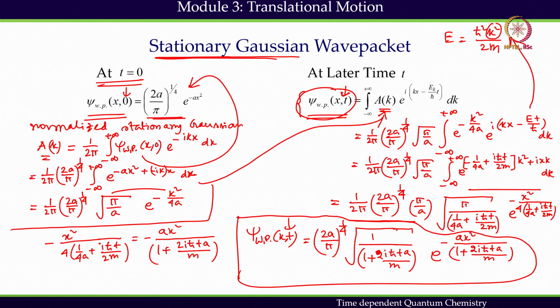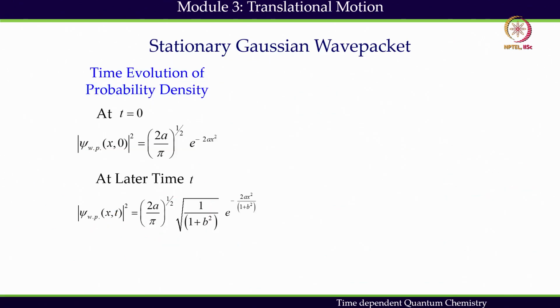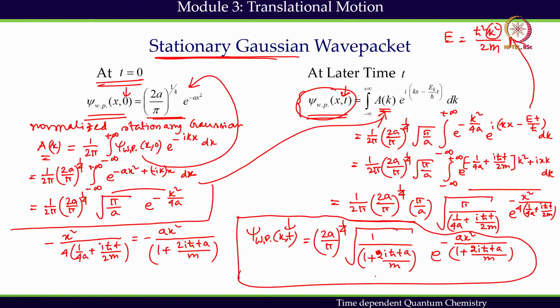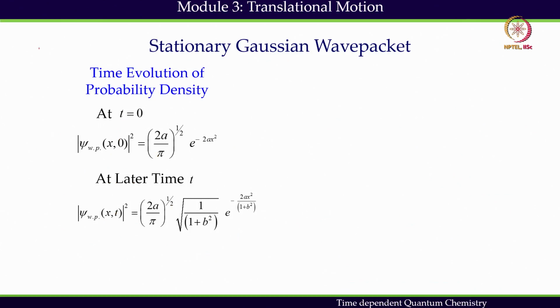And finally, we are interested in density, because that can be connected to the experiment. So, we will get the density also, and for getting the density, we will assume that 2 h cut t a by m equals b.